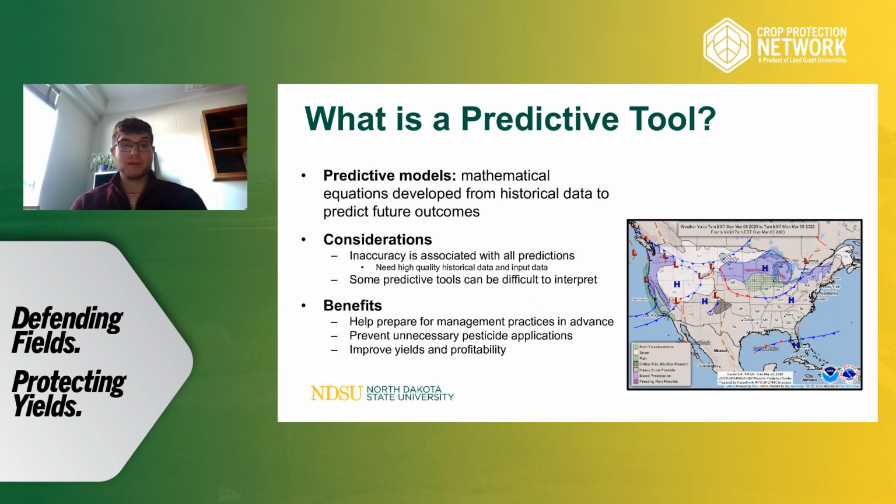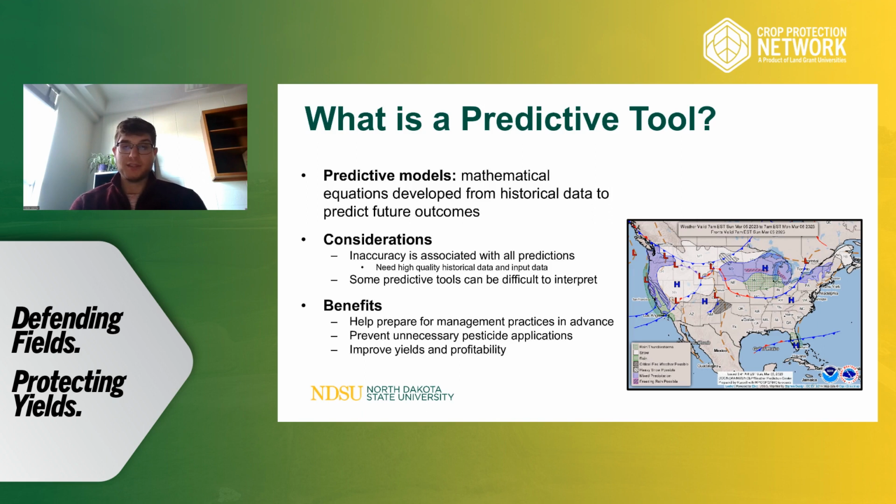However, there's some really great benefits to using these tools, such as being able to prepare for management practices in advance, such that if we know we need to make a fungicide application, we can prepare that sprayer a day or two in advance instead of the day of when this predictive tool is telling us, hey, we need to go make an application.